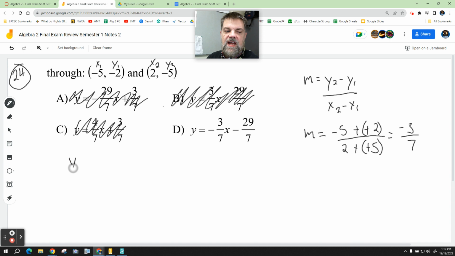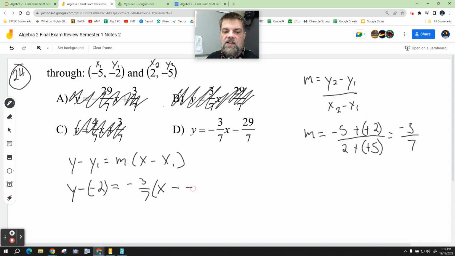So then I say y minus y sub 1 is equal to m times the quantity x minus x sub 1, or y minus y sub 1, which was negative 2. My slope is negative 3/7 times the quantity x minus x sub 1, which is negative 5. Remember, when you minus a minus, it's actually a plus.